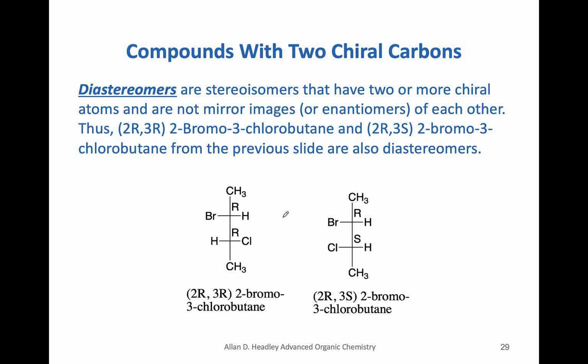I think this is the last slide here. No, okay, we have here. So this is just a little more illustration of the diastereomers. So here we have R,R and R,S. So they are not enantiomers, because if they were enantiomers, they would be opposite. They're not mirror images, as we can see here, because if you put a mirror right down here, they just don't reflect on each other.